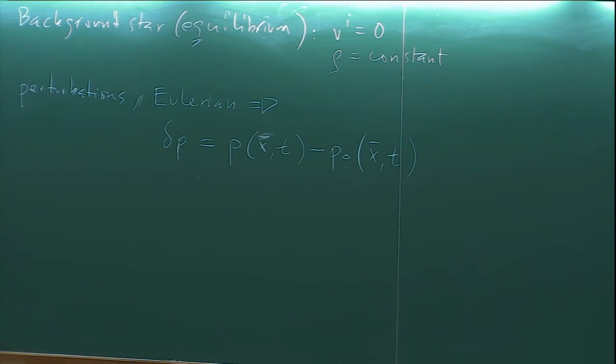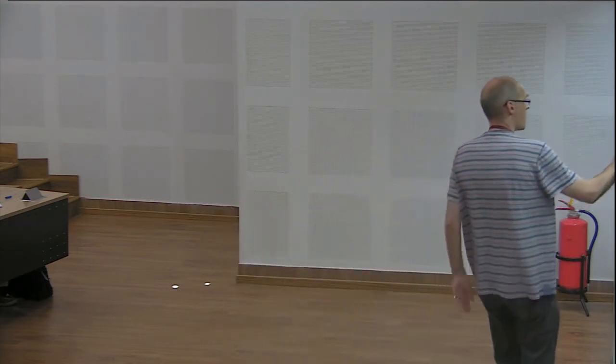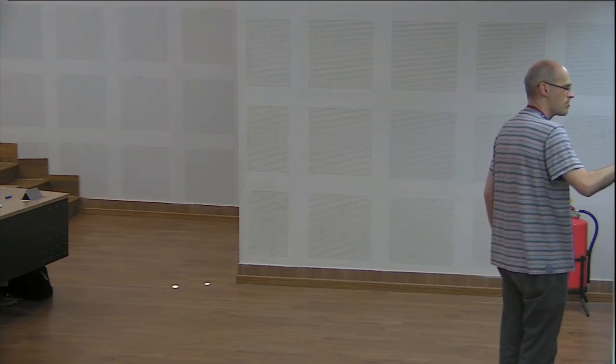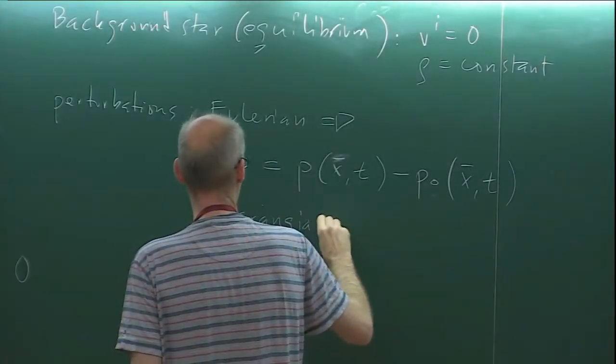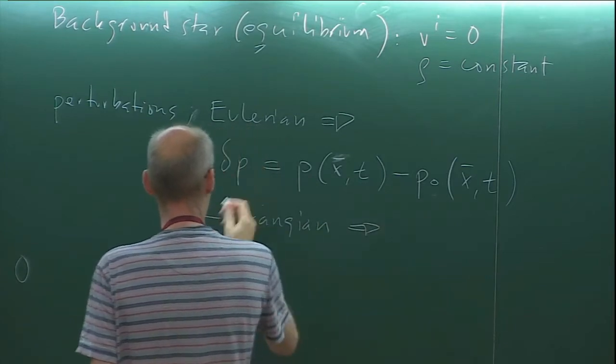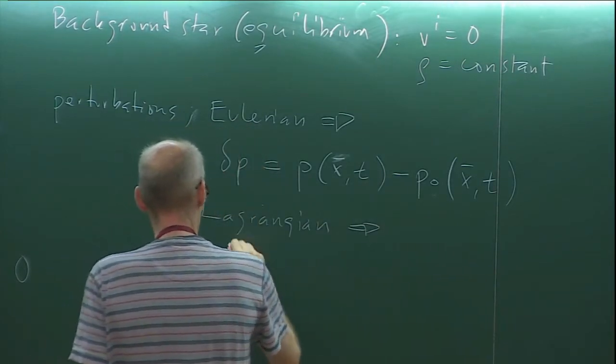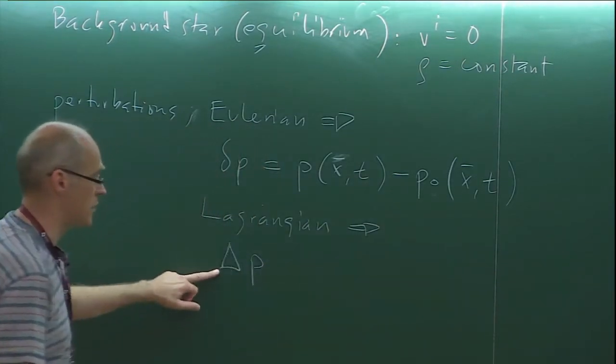Option number two is that you move along with the fluid. You pick a fluid element because you like it so much. And then you go with it wherever it goes. You say, how do things change when I move around like this? Okay, now you see the difference is you need to keep track of where you are, okay? And then you define a different perturbation.